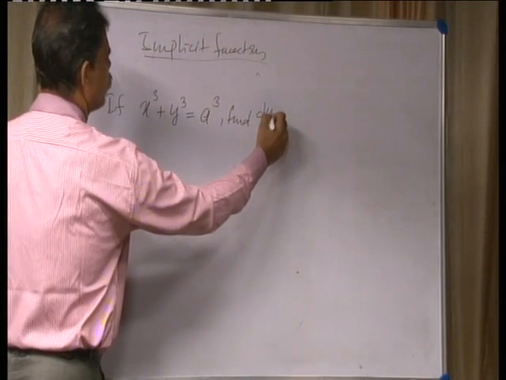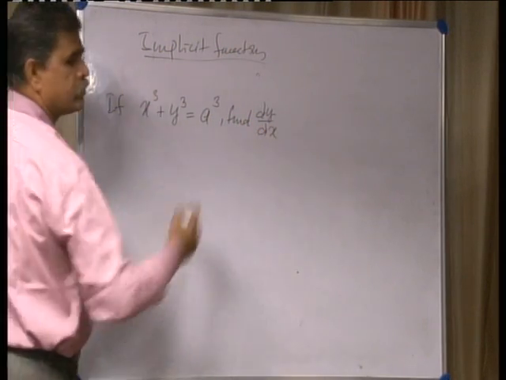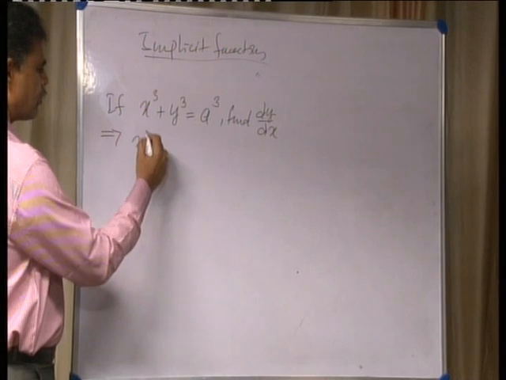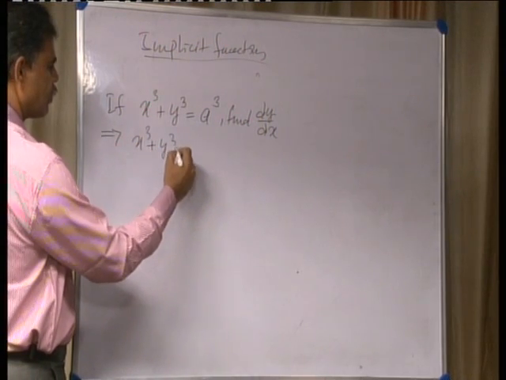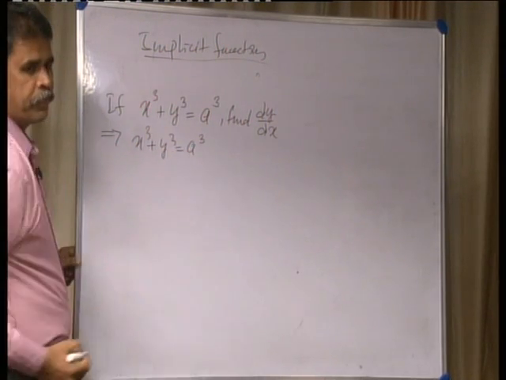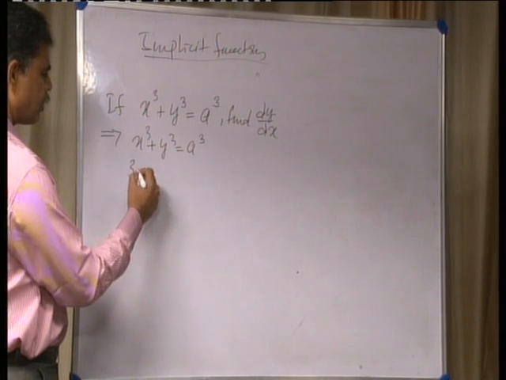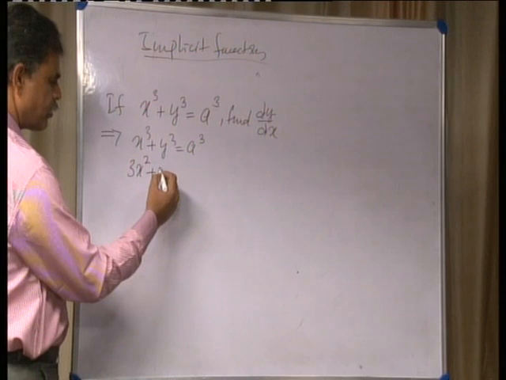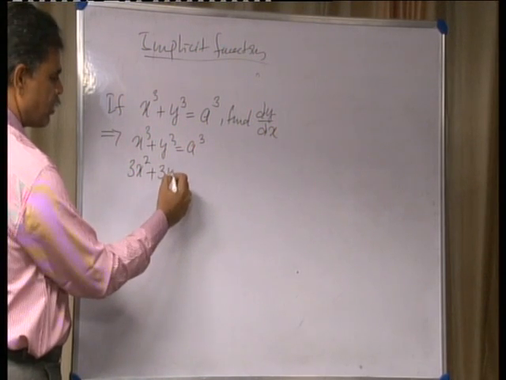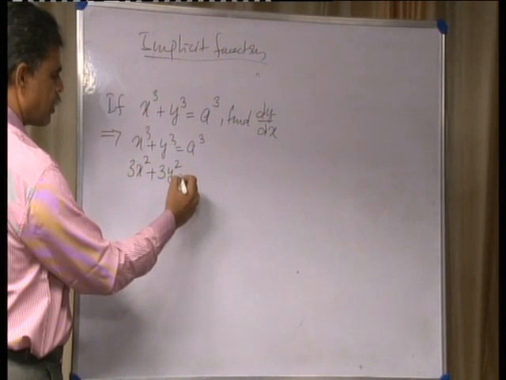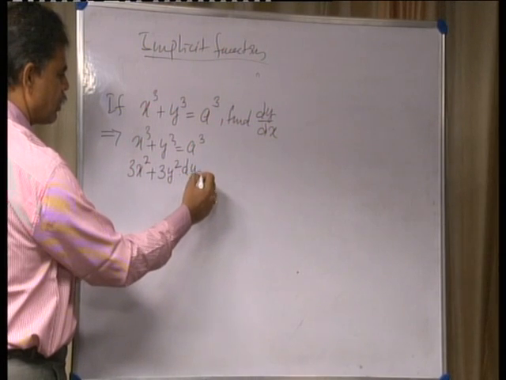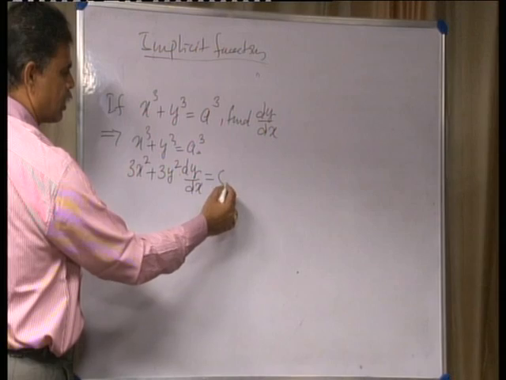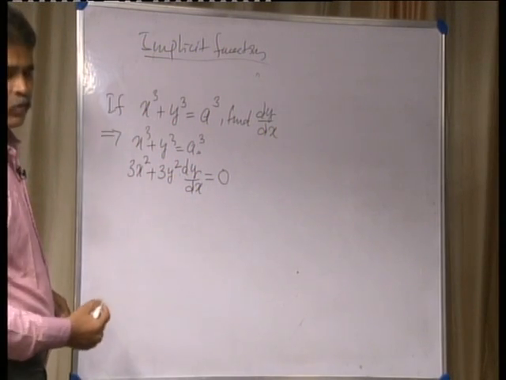The problem may be of this type. The given function is x cube plus y cube is equal to a cube. Differentiate x cube, that is 3x square. Differentiate y cube, it is similar to x cube. So we write 3 into y square into dy by dx is equal to a cube differentiated, which is a constant, whose derivative is 0.